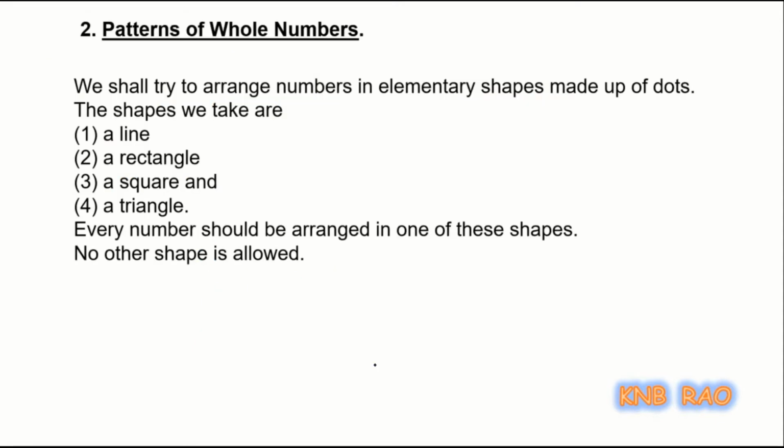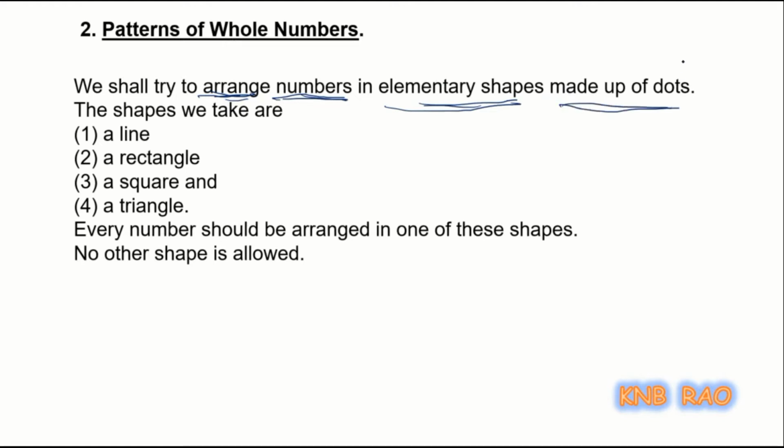See students, here in the patterns of whole numbers we need to know any whole number can be arranged in elementary shapes. So any whole number can be arranged in elementary shapes. So what shapes are they?